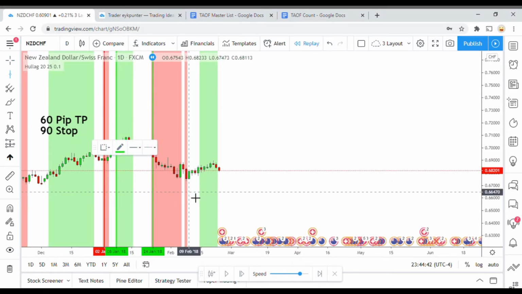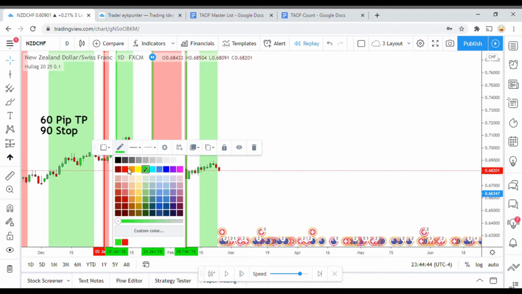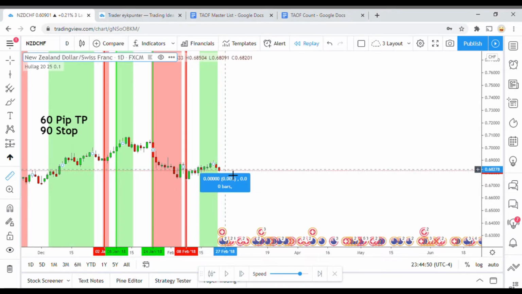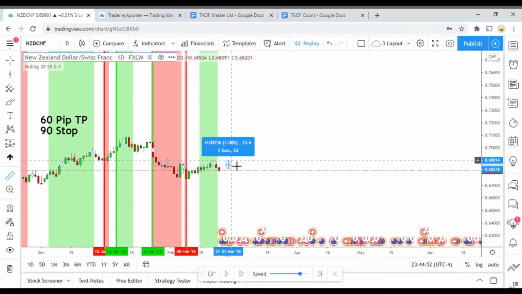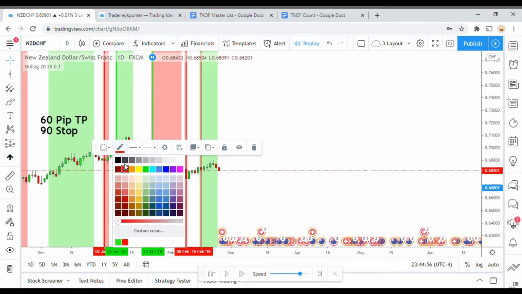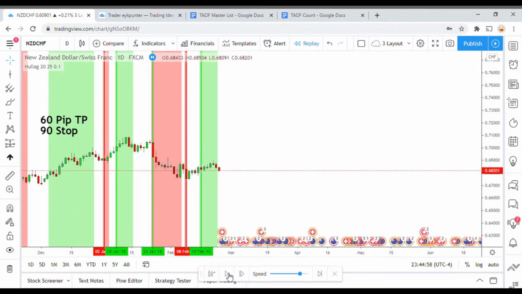Let's see, so we had another sell pop up right here. Unfortunately, that one did not do well. Let's check out this buy here. It was able to barely squeeze in.